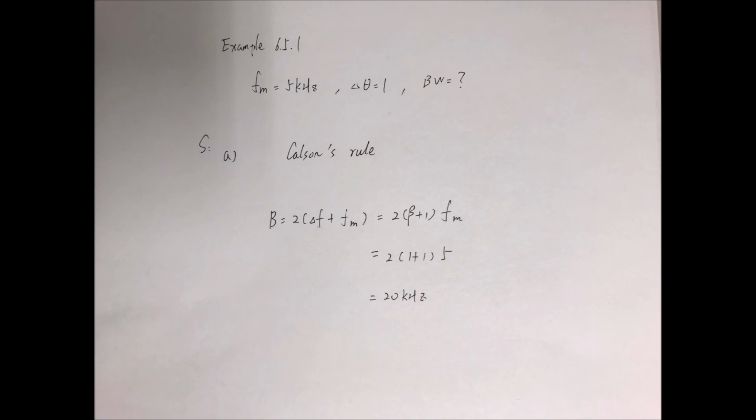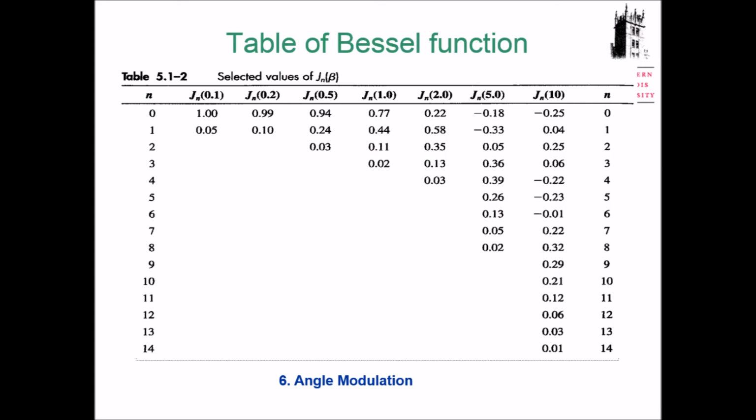So any sideband whose amplitude is higher than 0.01, we think that sideband is significant. Once Jn of beta is less than 0.01, that's too small, and we are going to ignore those bands. So we have this inequality.